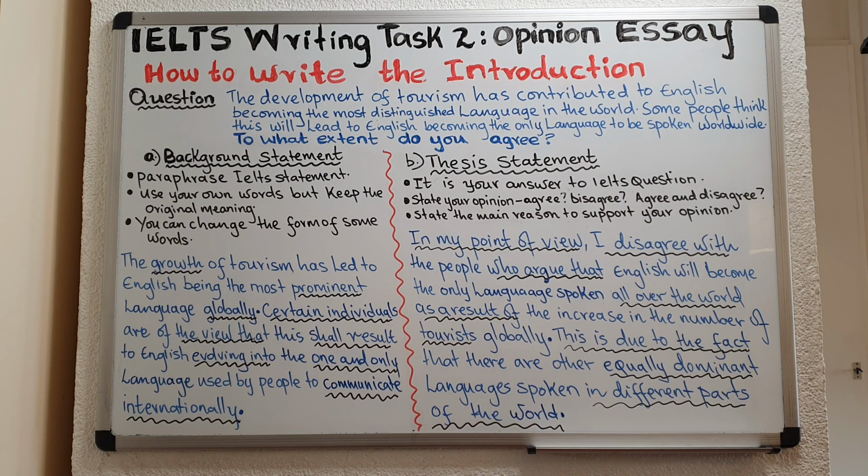It will become the only language. Very important word there, only. Because if you don't understand that word within the context of that question, then you're likely to go off topic.